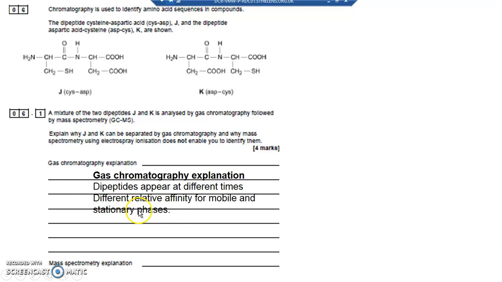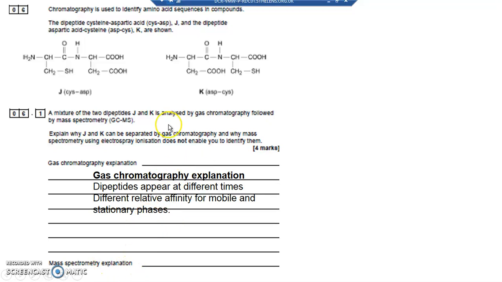So how much they stick to the stationary phase, that's the beads in the tube, and how much they move or are soluble with the mobile phase, that's the gas that's being pushed through them. So how much they move with the mobile phase, how much affinity they have for the mobile phase, and how much they move with it, or if it were a liquid, how much they dissolve in it, are soluble within it, and the stationary phase, that's the beads in this case.